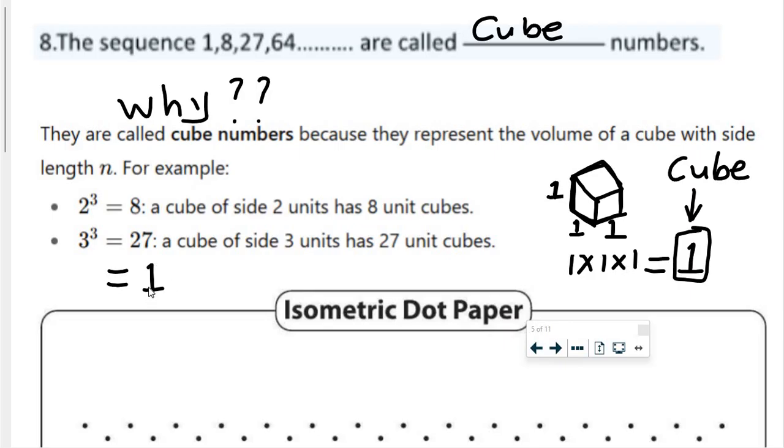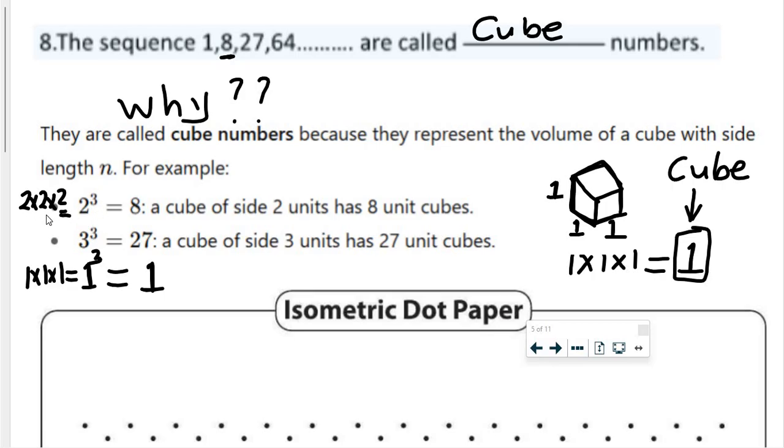How do we get 1? That is the same as 1 into 1 into 1, and we call it 1 to the power of 3. And that equals 1. How about the second cube number, which is 8? How do we get it? It is 2 into 2 into 2, which equals 2 to the power of 3.